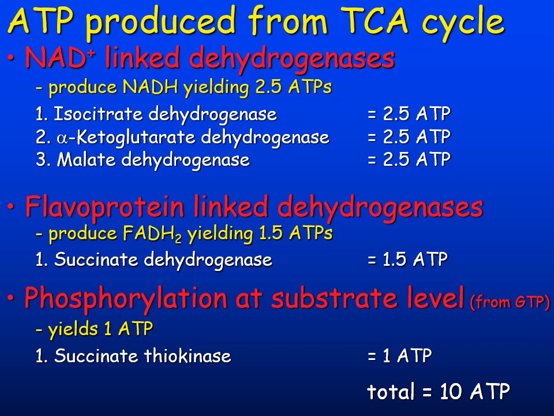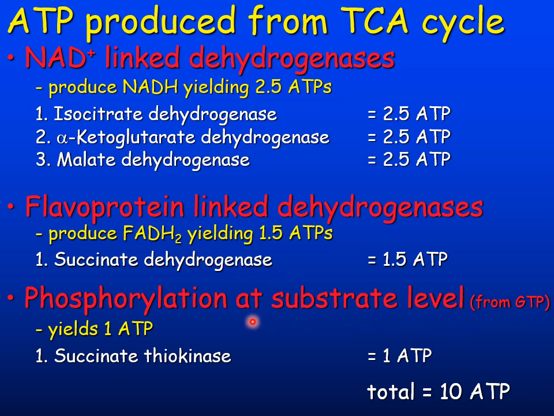Now, based upon the reducing equivalents produced, we can actually calculate how much ATP is generated from one molecule of acetyl-CoA. So first of all, one lap of the TCA cycle produces 3 NADH molecules, 1 FADH2, and you'll remember that funny molecule named GTP.